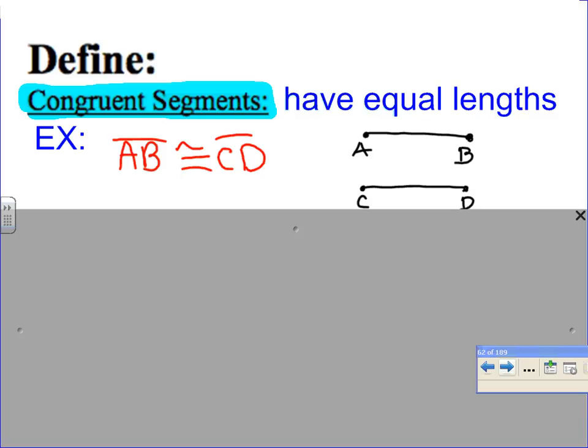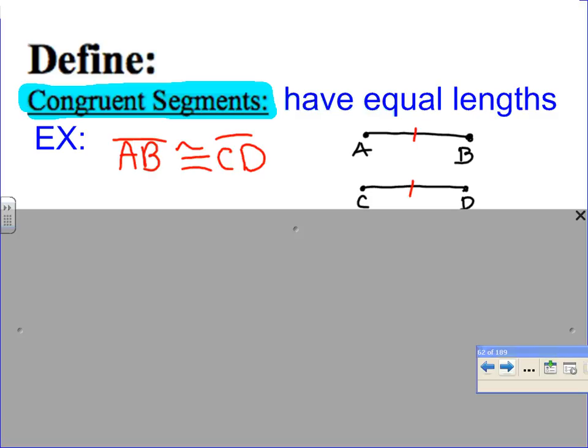AB, this is notation for segment. CD, notation for segment. If I'm showing you that segments are congruent, you use something called a tick mark and draw on them. This tells you in geometry that this is congruent to this.